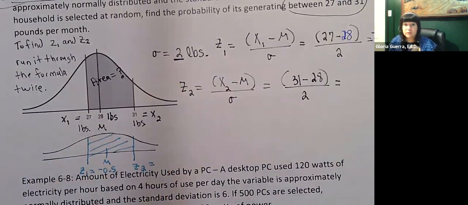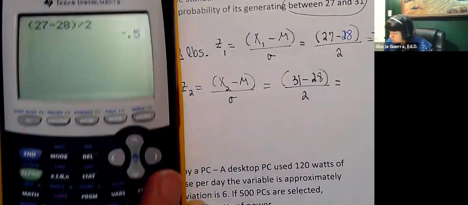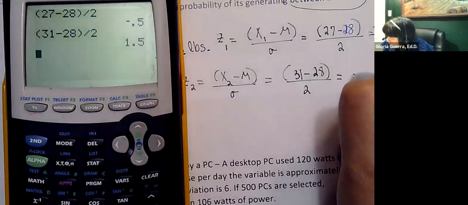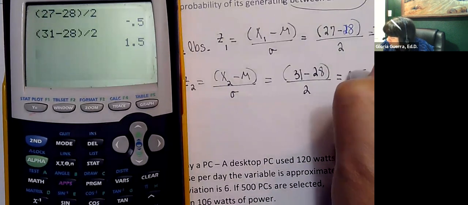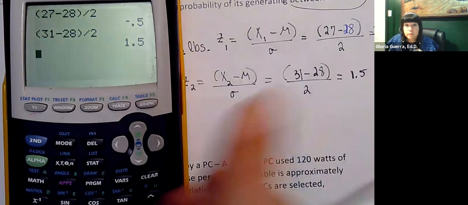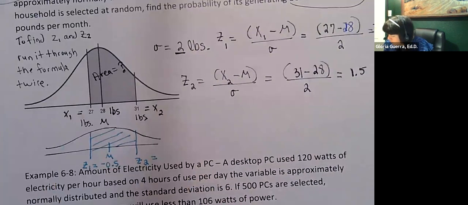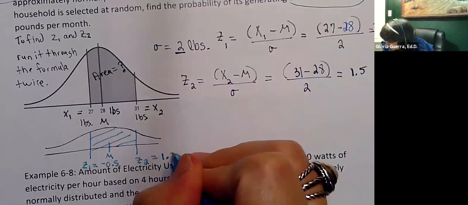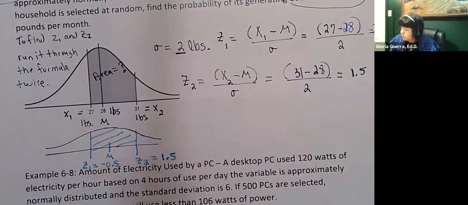Okay, so let's type that in. (31 minus 28) divided by 2. Looks like that gives us 1.5. So then I have over here 1.5.